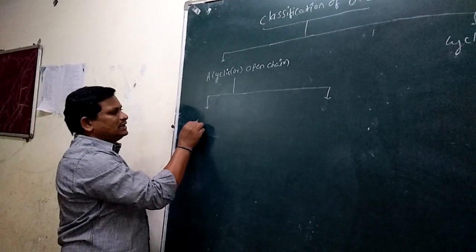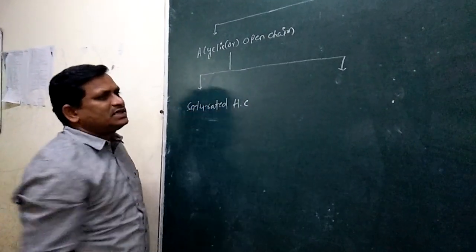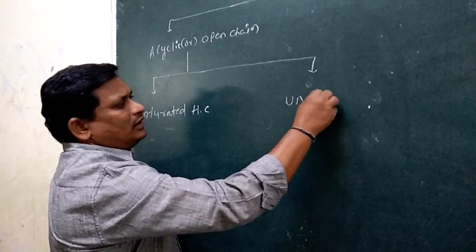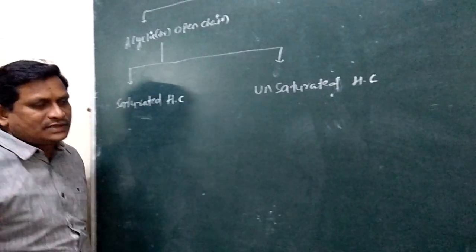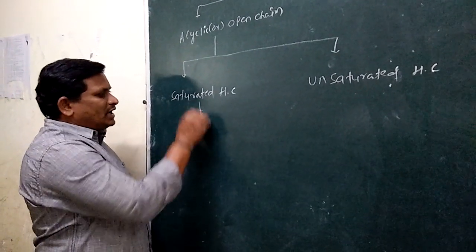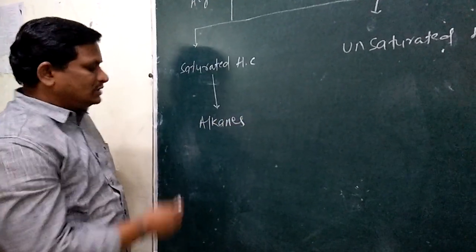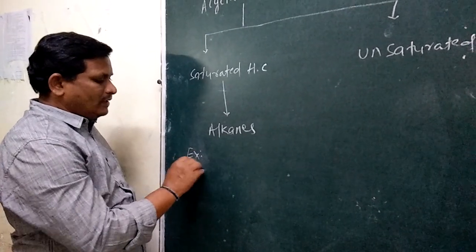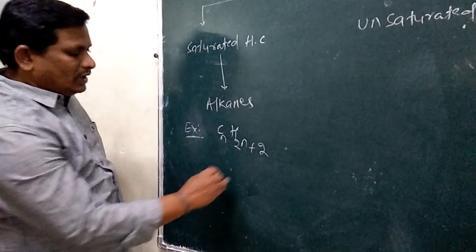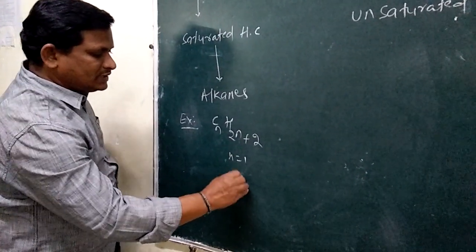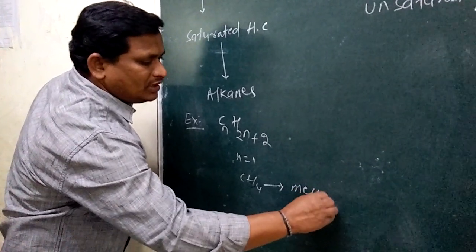Acyclic or open chain compounds are classified into two types: saturated hydrocarbons and unsaturated hydrocarbons. For saturated hydrocarbons, the best example is alkanes. The alkanes general formula is CnH2n plus 2. If n equals 1, that is CH4, the compound is methane.